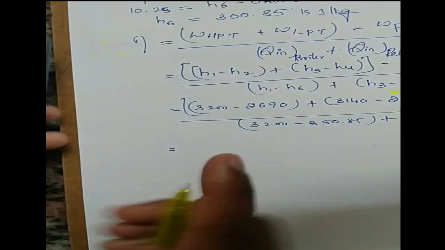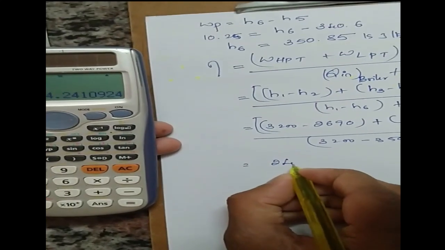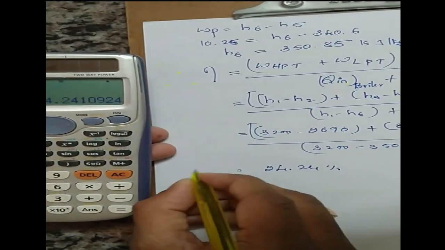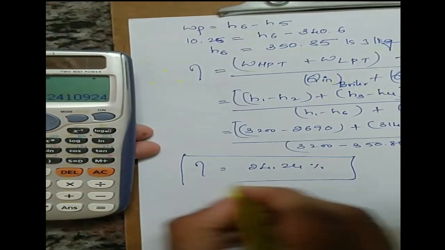Into 100, you'll get approximately 24.24%. This is your efficiency.